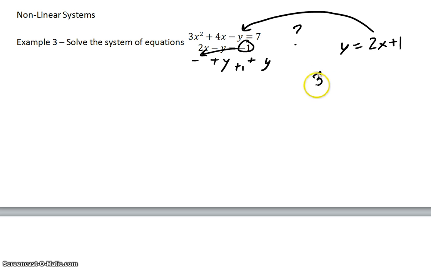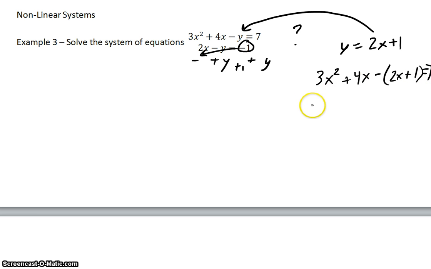So what you're going to get is 3x squared plus 4x minus y, which is 2x plus 1, equals 7.